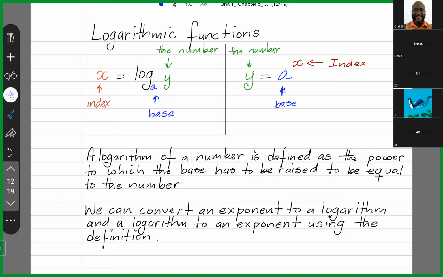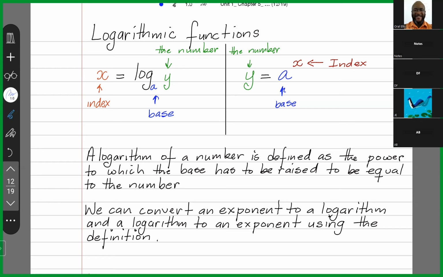So you can move between log form and index form. In the log form, the index is equal to log to the base a of the number. In the index form, the number is equal to the base raised to the index. So what is a logarithm?